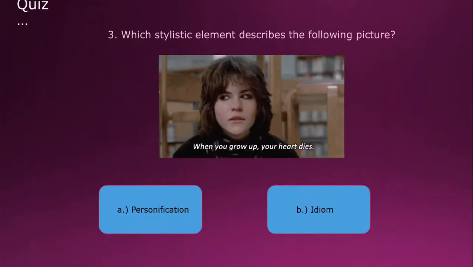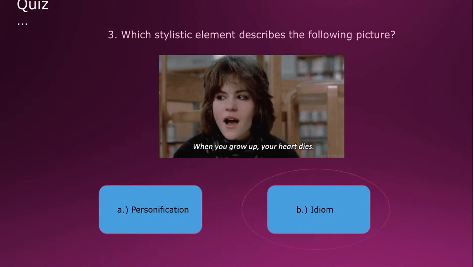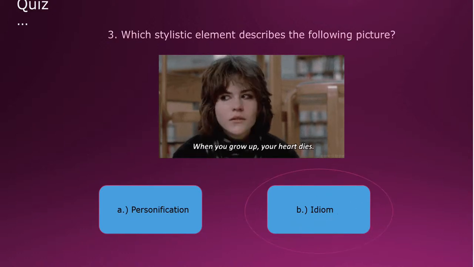Number 3. Which stylistic element describes the following picture? When you grow up, your heart dies. Is it A, personification, or is it B, idiom? If you chose B, idiom, you are correct.